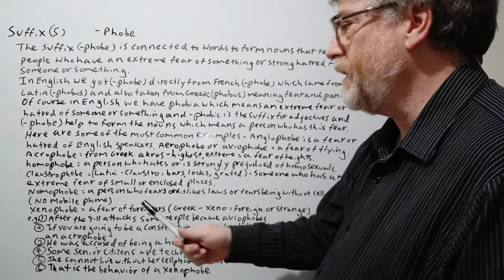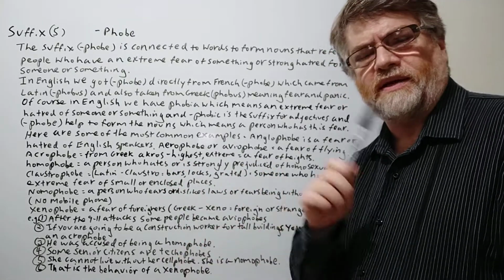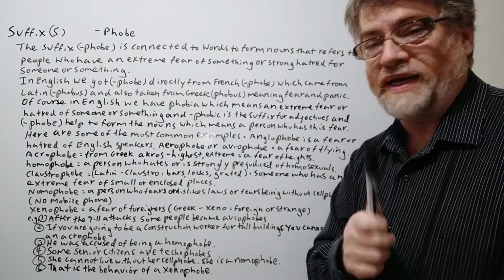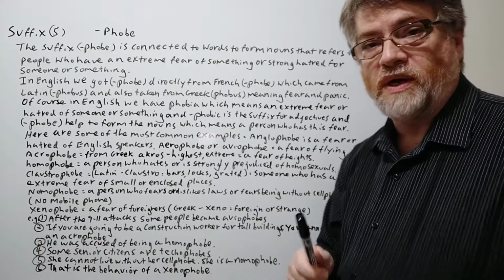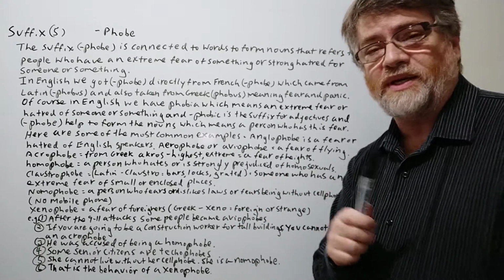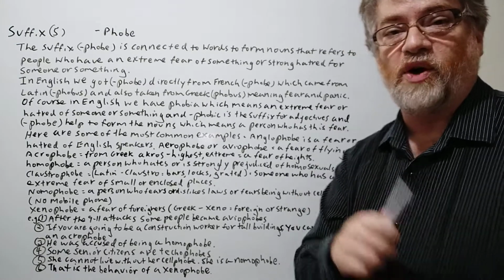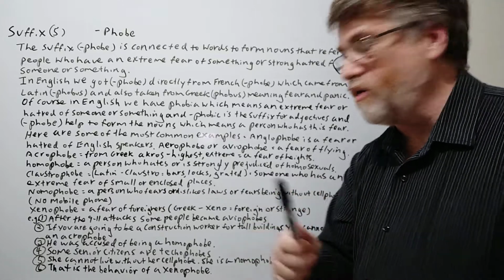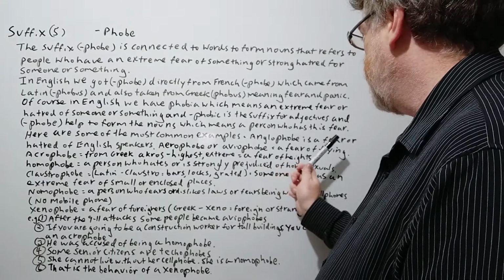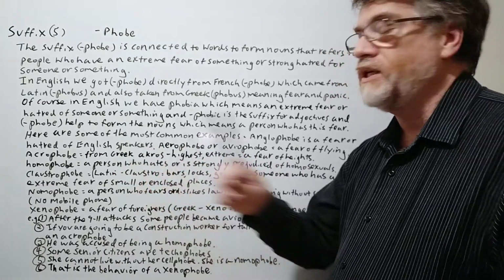Okay, let's continue. Here are some of the most common examples, and there's a lot. There's practically a couple hundred of these words that end in phobe. But here are some of the most common ones. All right, let's look at anglophobe. For students that are trying to learn English, we hope that you don't end up being an anglophobe, or if you were, we hope that you get over it, because an anglophobe is a fear of, or probably not hatred of, English speakers.